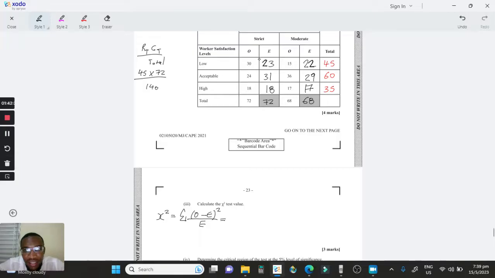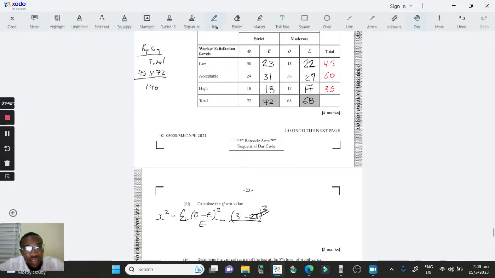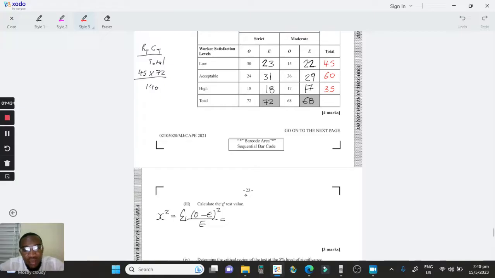Alright, so in that case, we have to work out all of these. 30 minus 23, squared, over our expected value. Guys, I'm just going to write down the difference squared because we should be able to follow at this level. We're sixth form students doing applied math. 30 minus 23 is 7, so that's 7 squared over the expected value, 23, plus 24 minus 31 is negative 7, so 7 squared over 23.